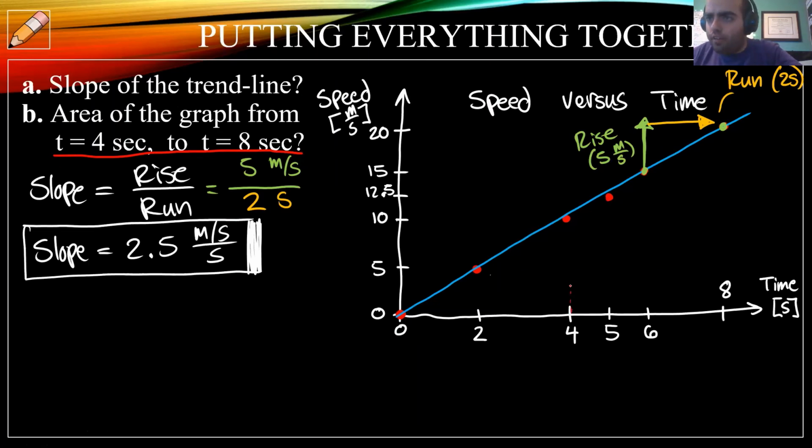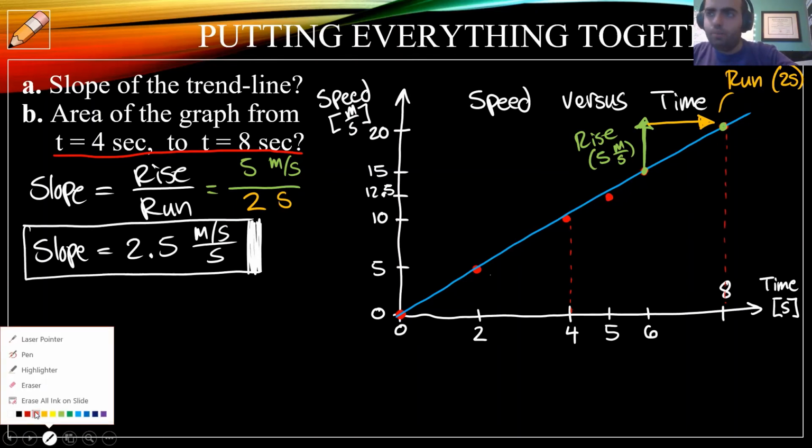And we're starting at 4 seconds. So I'm going to draw a vertical line at 4 seconds to enclose the horizontal axis in the graph. And I'm going to do the same thing at 8 seconds, going up. And now I've enclosed this area, and this is the area that they are asking about.